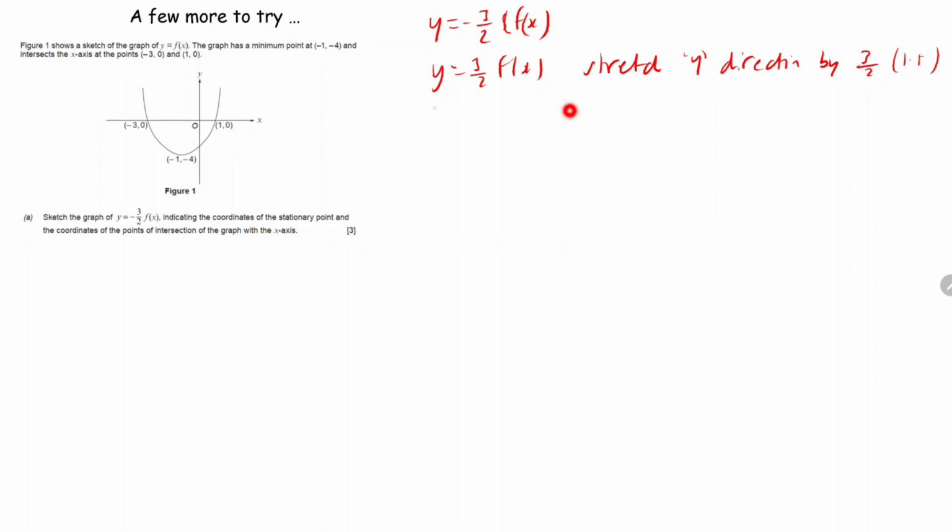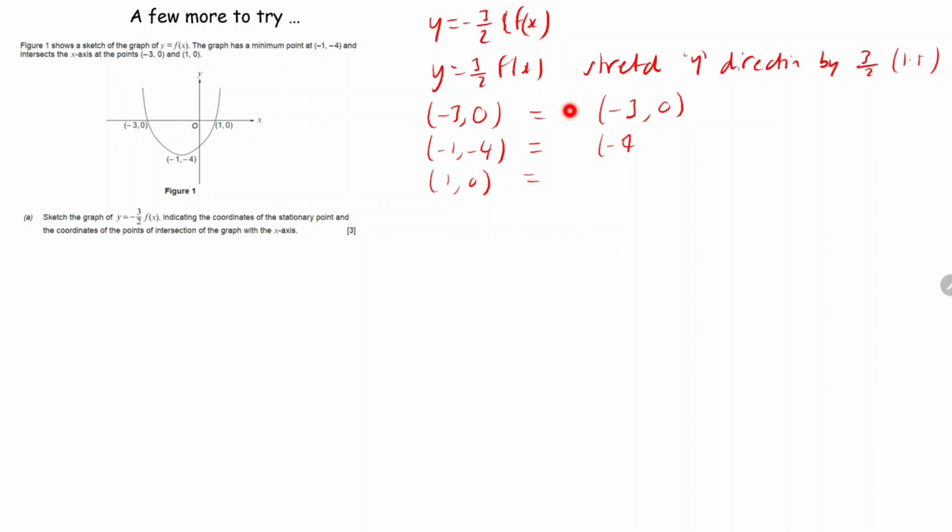So our y coordinates are going to be affected. So we have the coordinates -3, 0. We have the coordinates -1, -4. And we have the coordinates 1, 0. So our new coordinates, after applying the first transformation, the y coordinates are going to be times by 3 over 2, so 0 times by 3 over 2 is still 0.